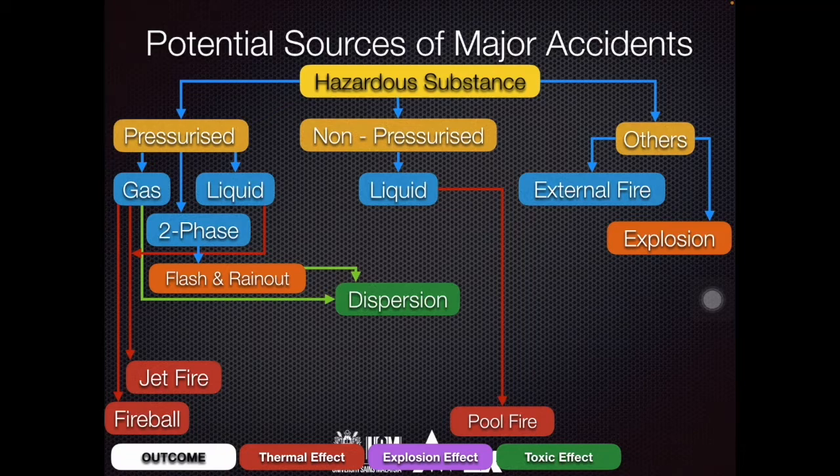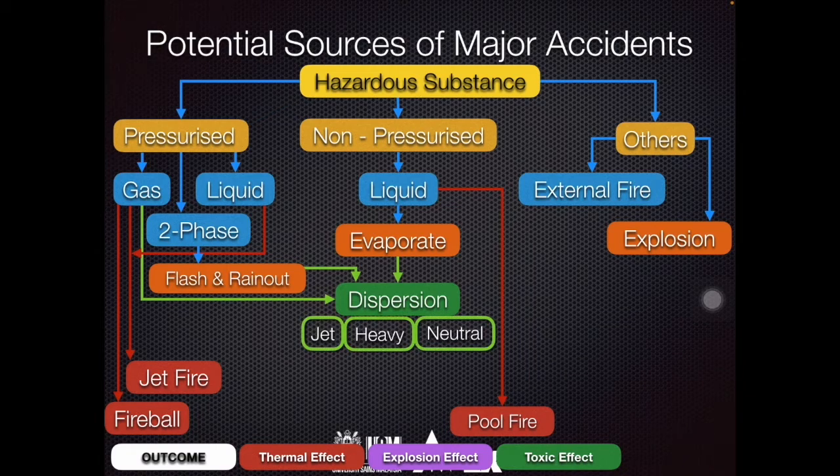A non-pressurized hazardous substance, which is normally in a liquid form, if exposed to a hazardous situation, and if the chemical itself is flammable, it can cause a pool fire within the storage facility. However, if the liquid is easily evaporated, it will lead to a dispersion scenario. It will disperse the hazardous substance into the air.